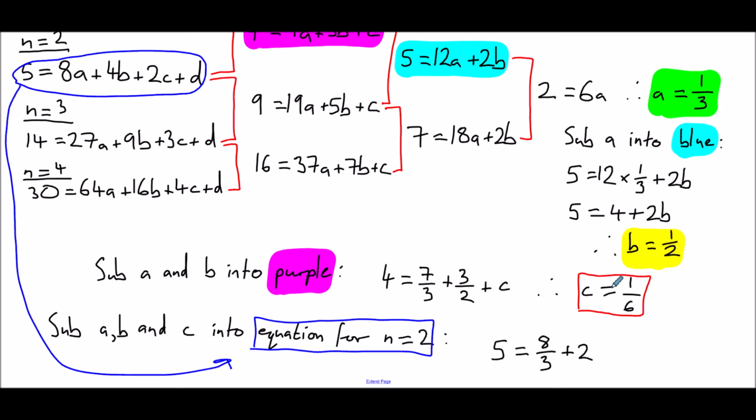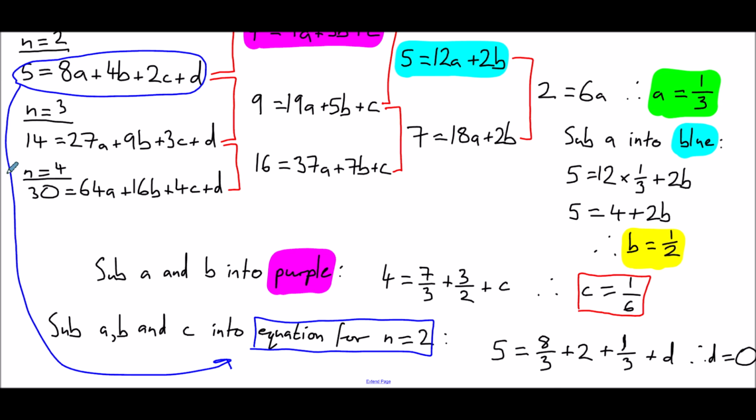C was 1/6, and so 2c will be 2/6, which is 1/3, because 2 over 6 simplifies to 1/3. Then finally, plus d. But if you look here, 8/3 plus 1/3 is 9/3, which is 3, and 3 plus 2 is 5. And so 5 equals 5 plus d. And so therefore d is actually going to be 0.